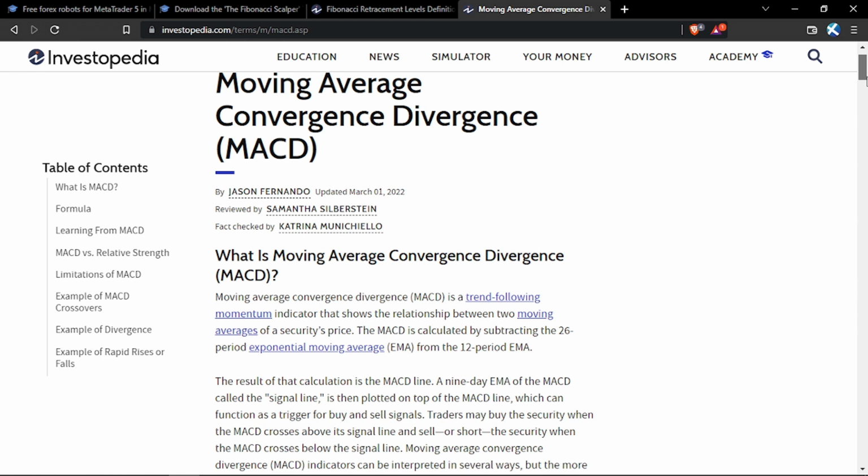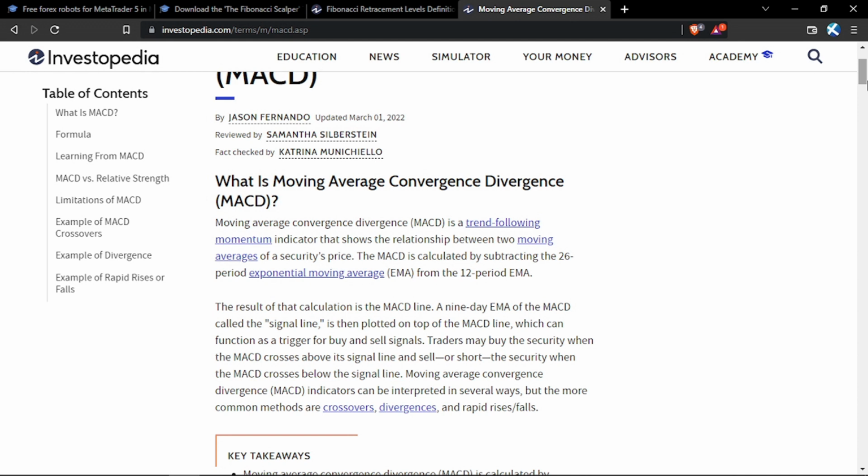The MACD is calculated by subtracting the 26-period exponential moving average, or EMA, from the 12-period exponential moving average. The result of this calculation is a line, and a 9-day EMA of the MACD is called the signal line.